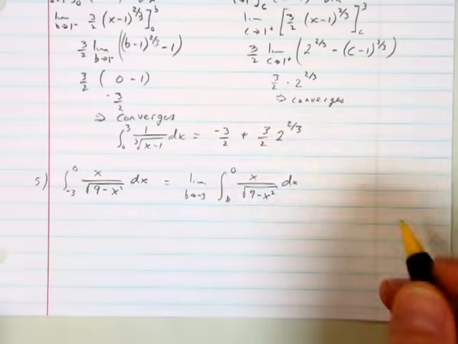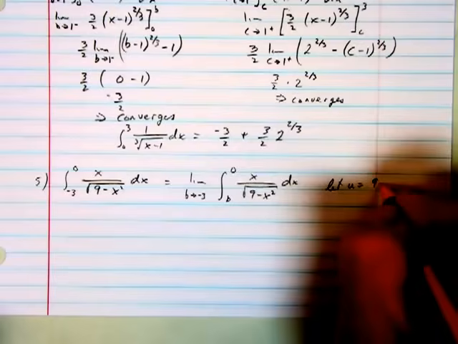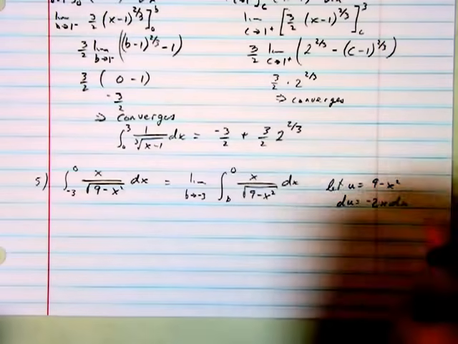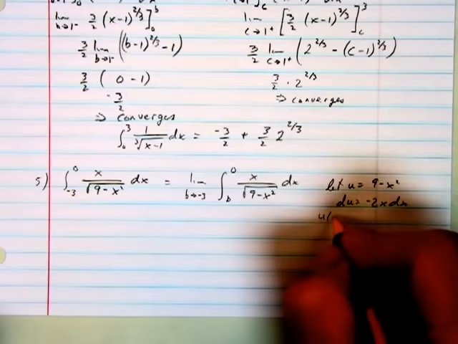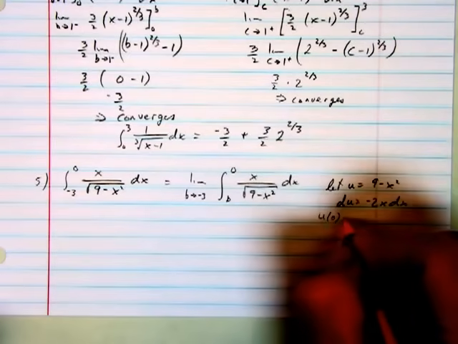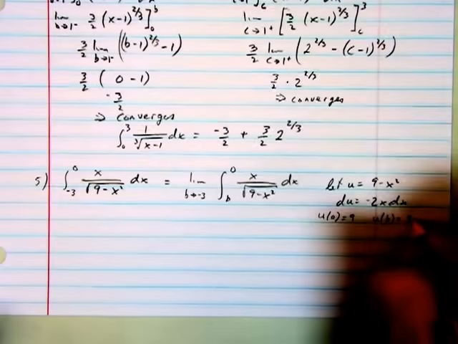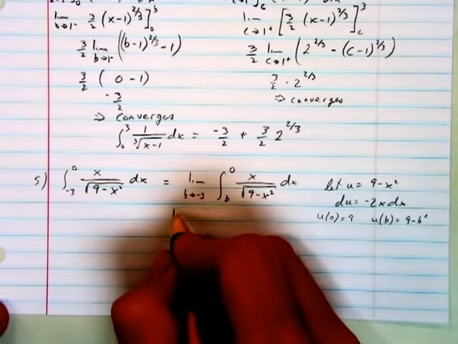So how do we go about doing this? We could do a substitution here. Let u equal 9 minus x squared, so du is negative 2x dx. We'll need to change our limits as well. u of 0 will be 9, and u of b will be 9 minus b squared.